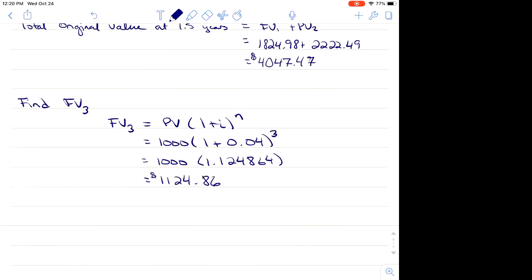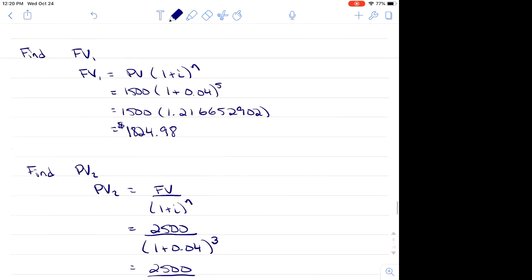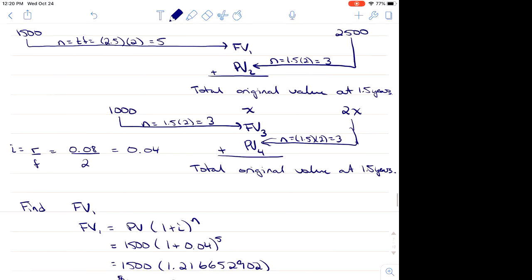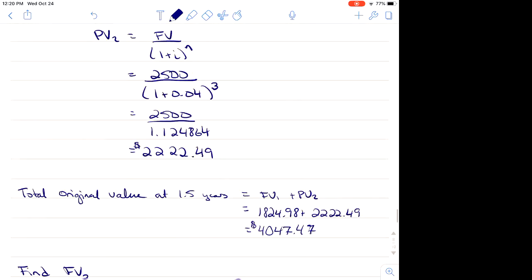And now we're going to have to find present value 4. Present value 4 has a future value of 2x. We looked at how we deal with this in simple interest last day, but it's the exact same scenario as in compound interest. So we use our 2x as our future value and just do our calculations.